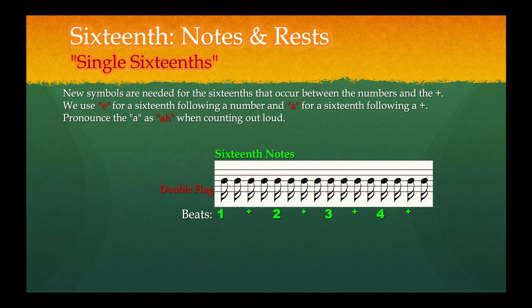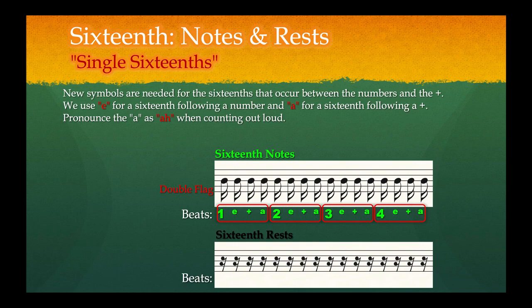We use the letter E for a 16th following a number, and the letter A for a 16th following a plus sign. Pronounce the A as "ah" when counting out loud. So in this case, here's what we have: 1 E and a, 2 E and a, 3 E and a, 4 E and a.